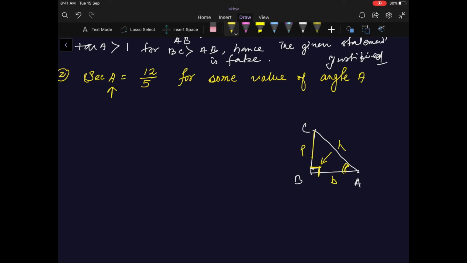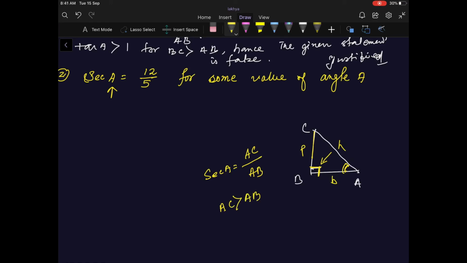So now we know that sec A is hypotenuse AC by base AB. We know that hypotenuse is the longest side, so AC must be greater than AB.